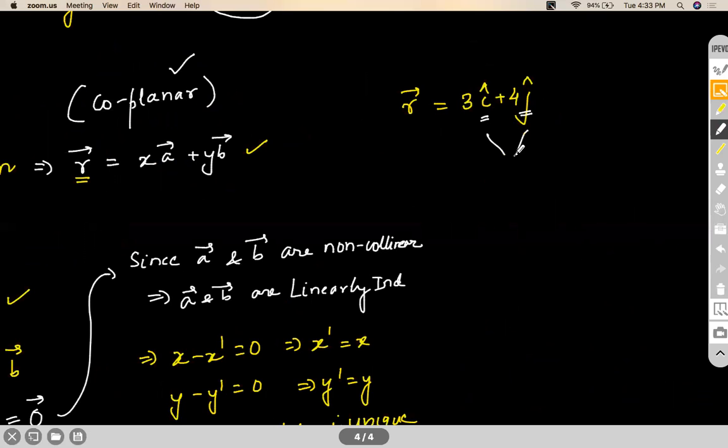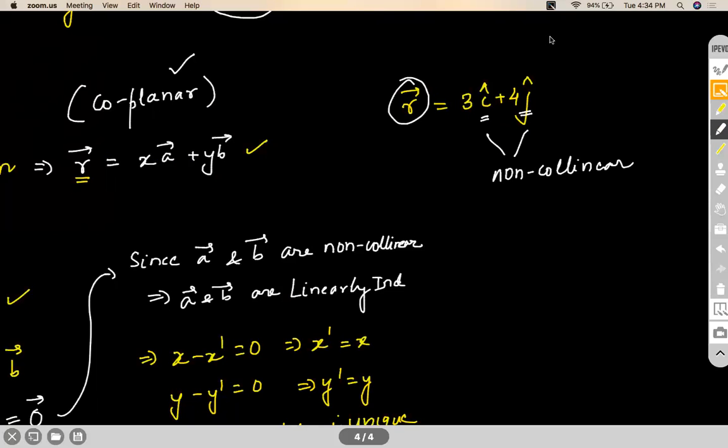They have to be non-collinear. So any vector in 2D space can be expressed as a linear combination of two non-collinear vectors. It needn't be perpendicular vectors. Perpendicular is a special case of non-collinearity. Are you getting my point? It should just be linearly independent of each other.